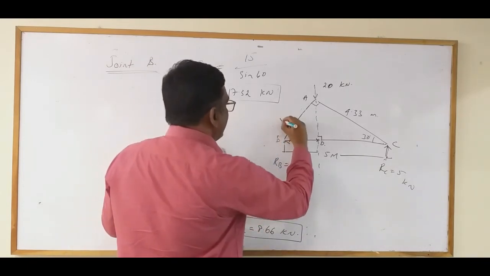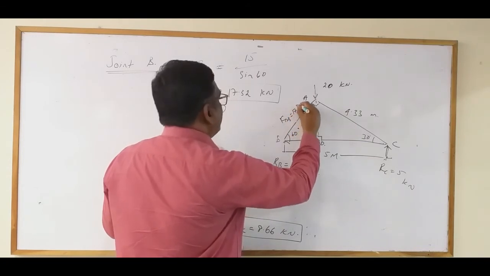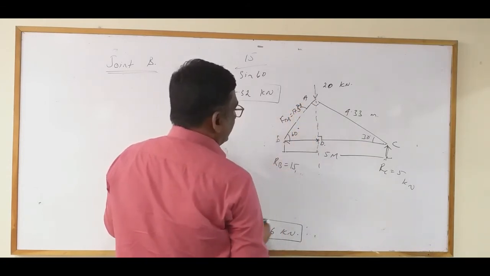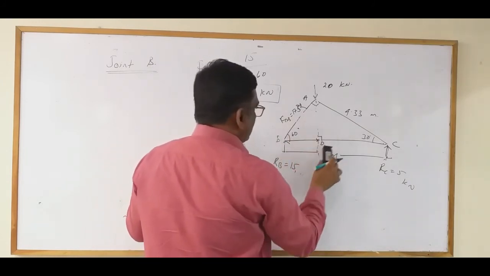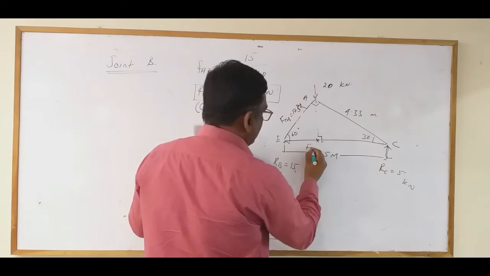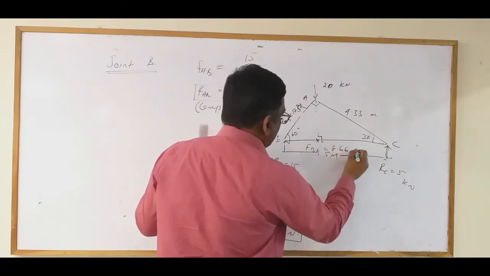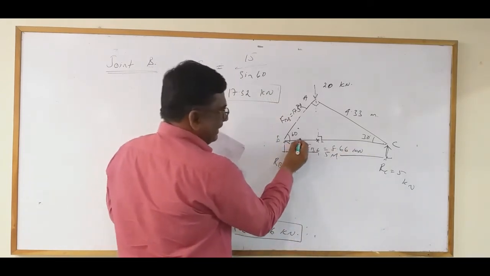So FAB is equal to 17.32, right? FBC, this is 8.66. So it is acting in this direction.